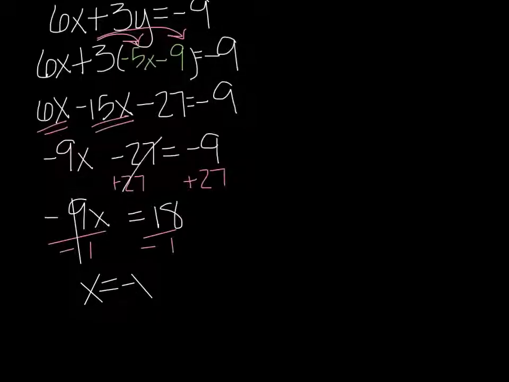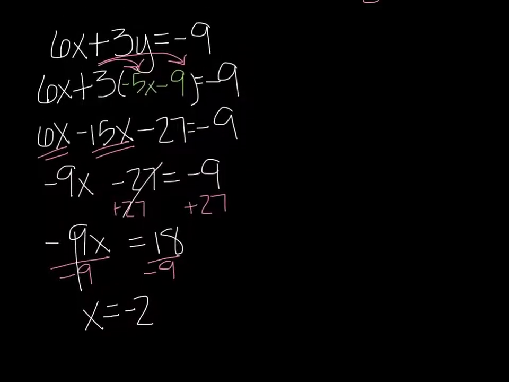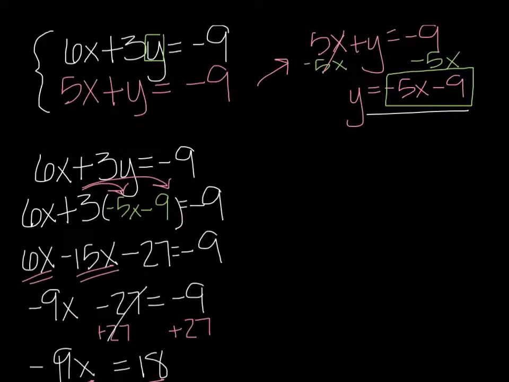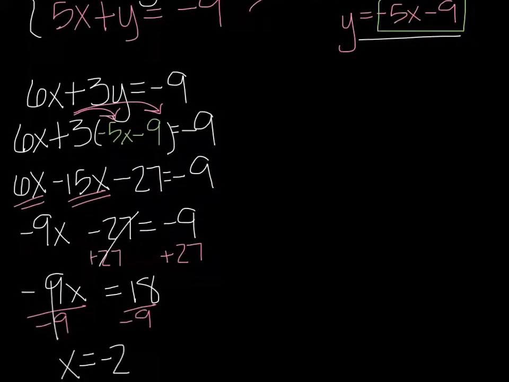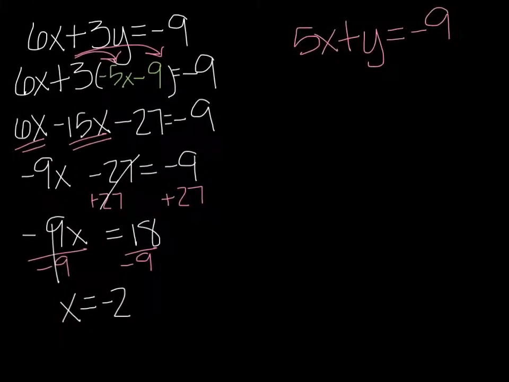We can take this x value and plug it back in to either one of the equations in the original system. So let's go ahead and plug our x value into that pink equation. So let me write it down. We have 5x plus y equals negative 9. And if you'll remember, the x value that we found is negative 2.